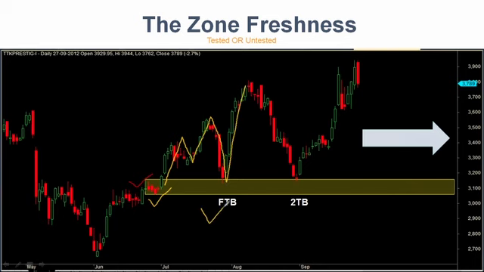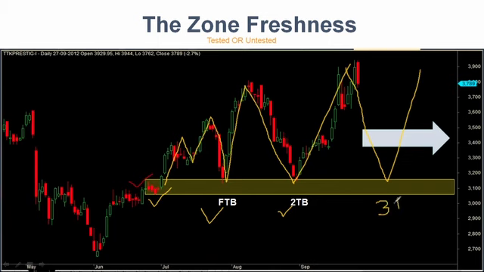This is FTB, first time back into the zone. And again slowly it came down, kissed the zone and again went up. This is 2TB. If it comes back again into the zone and bounces back, we call it 3TB.